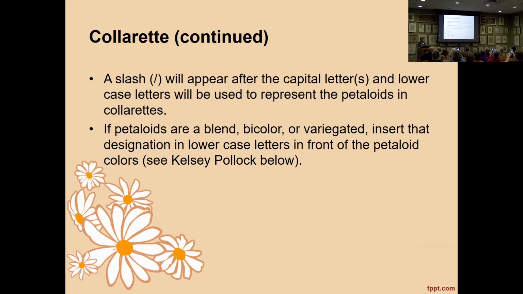A slash appears after the capital letters, and lowercase letters will be used to represent the petaloids in colorets. If petaloids are a blend, bicolor, or variegated, insert that designation in lowercase letters in front of the petaloid colors.